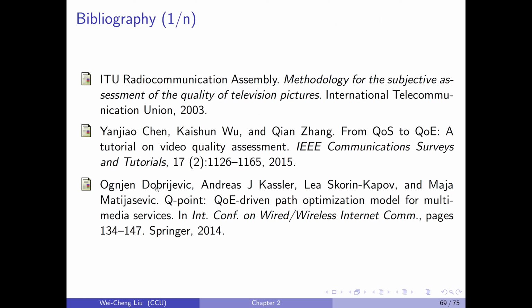Dobrojevic et al. wrote a conference paper with the title Q-point: QoE driven path optimization model for multimedia services, which was published in the International Conference on Wired/Wireless Internet Communications in 2014.